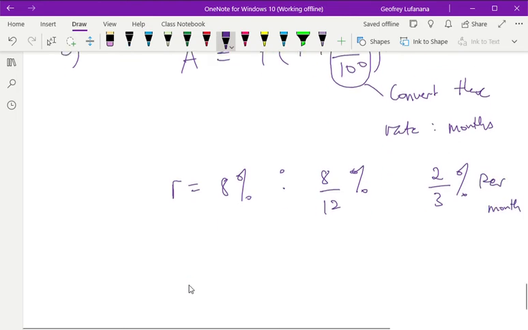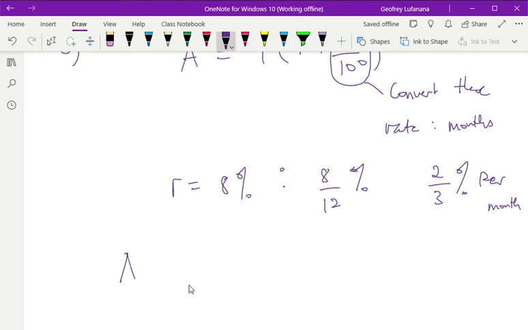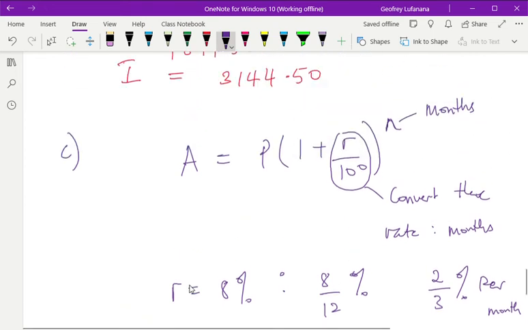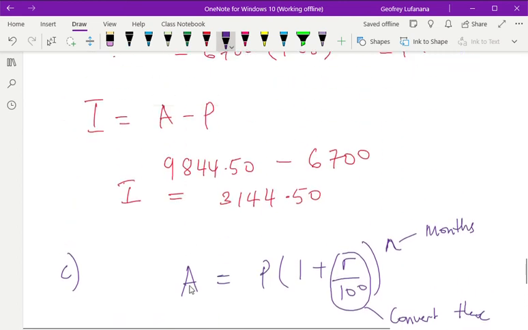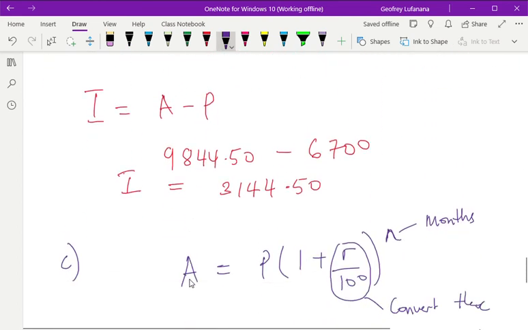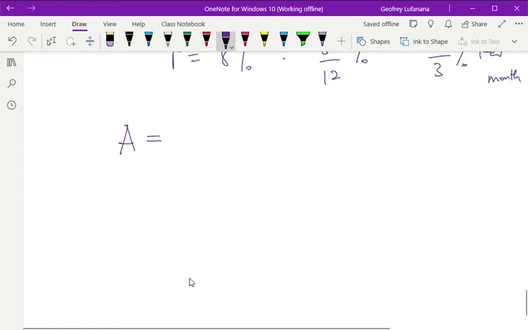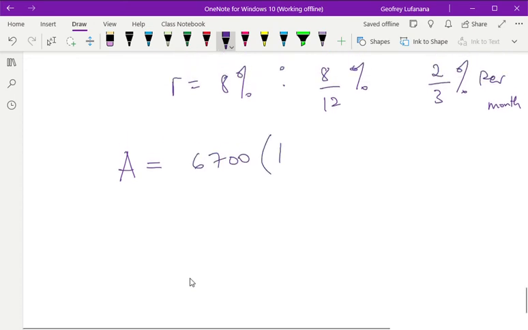So in this case, my amount when compounded monthly becomes the principal. Remember our principal was 6,700. So this is 6,700 into 1 plus my 2/3%, that's times 1/100, to the power.